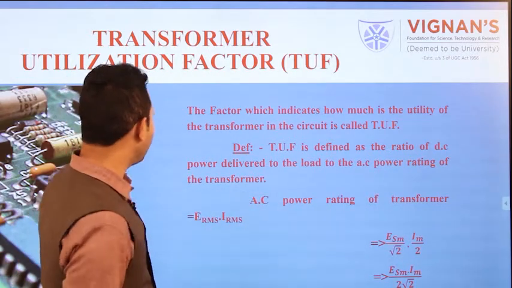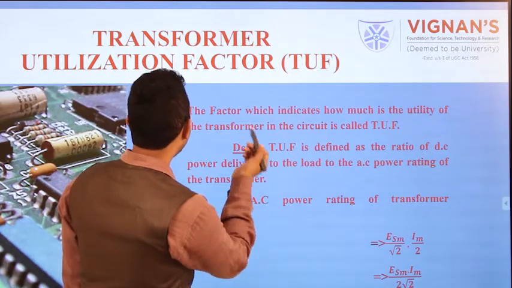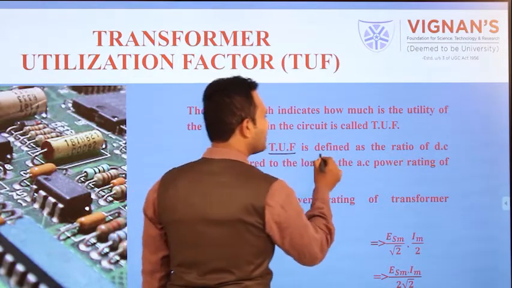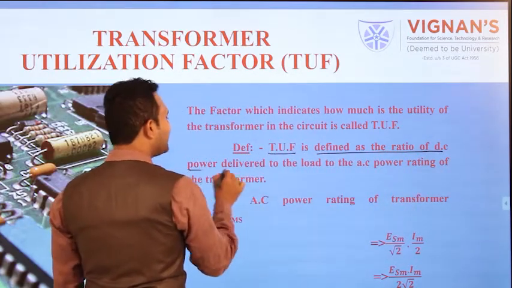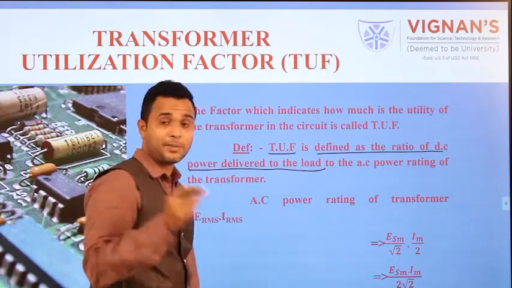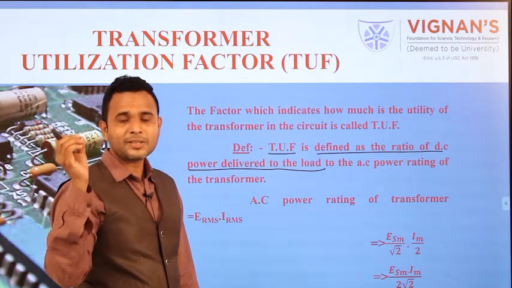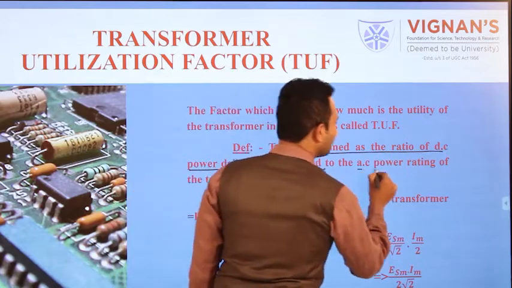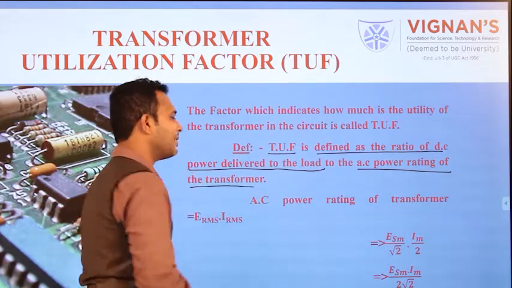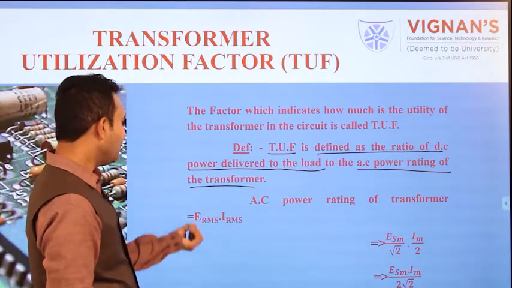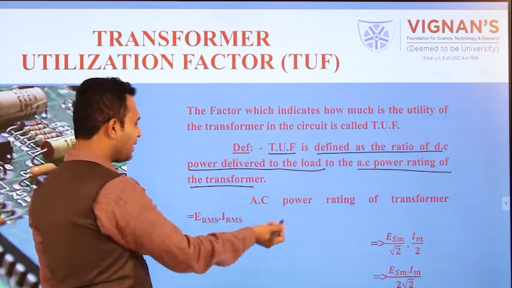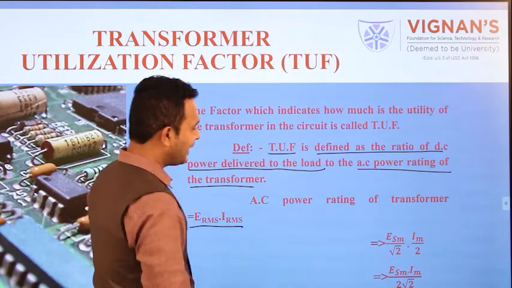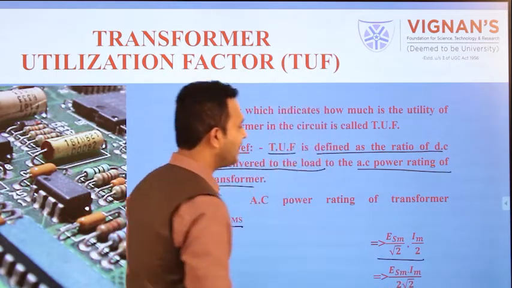Coming to this derivation, how can we define the transformer utilization factor, named TUF? It is defined as the ratio of DC power delivered at the load, that is, how much you are getting in your brain, the output power, divided by the AC power rating of the transformer, right? What is AC power? We already know that AC power P equals voltage into current, so I write the same thing here.